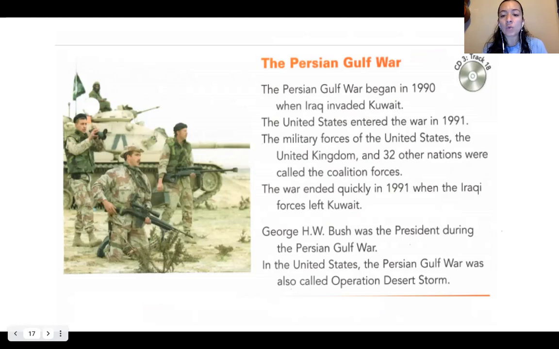The war ended quickly in 1991 when the Iraqi forces left Kuwait. George H.W. Bush was the president during the Persian Gulf War. The Persian Gulf War was also called Operation Desert Storm.